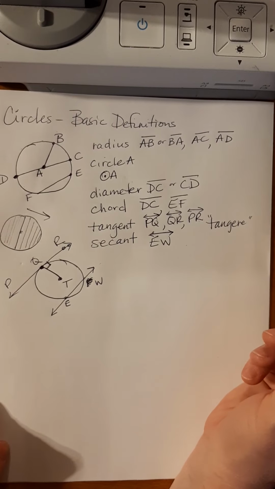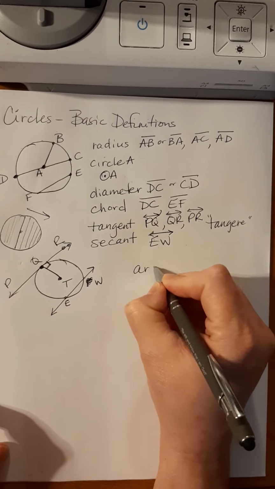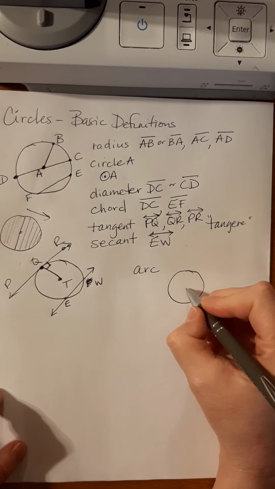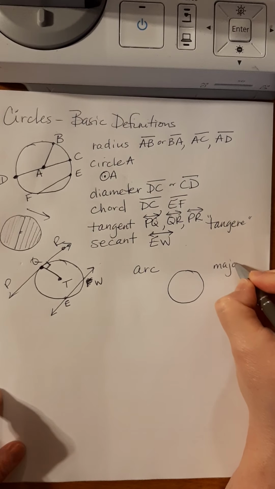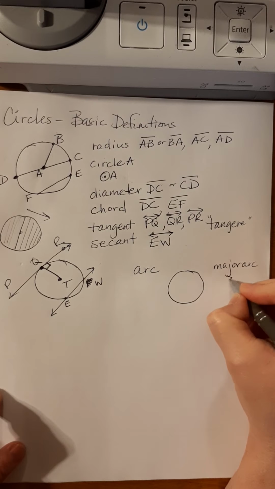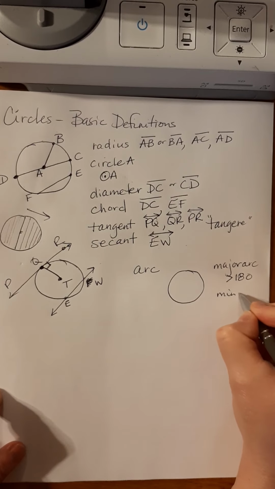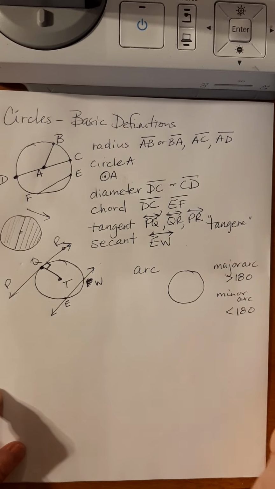The only other thing for today is an arc. An arc is a part of the circle itself. A major arc is when the arc is greater than 180 degrees. A minor arc is when it's less than 180 degrees. And that's also for another day.